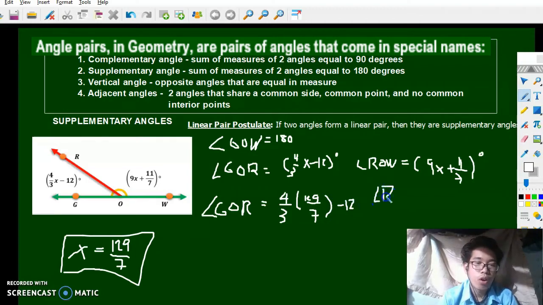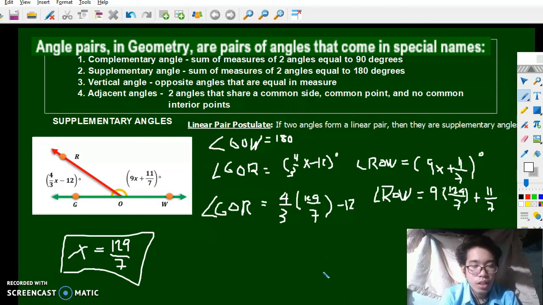Then for angle ROW, we substitute the value of x, so that's 9 times 129 over 7, and then we add 11 over 7, as given for angle ROW. We're going to get the degree measurement of angle GOR first.